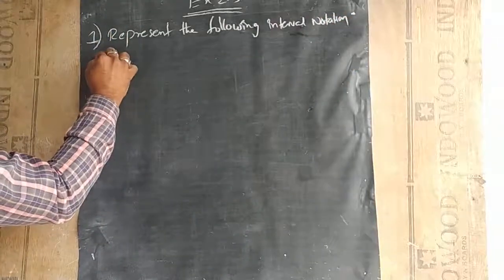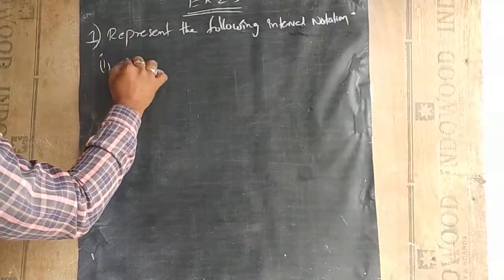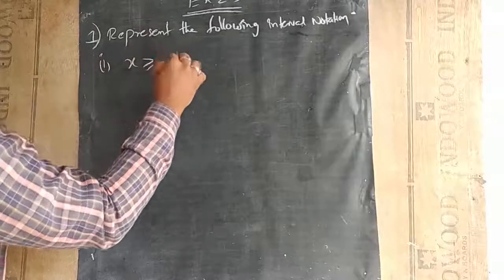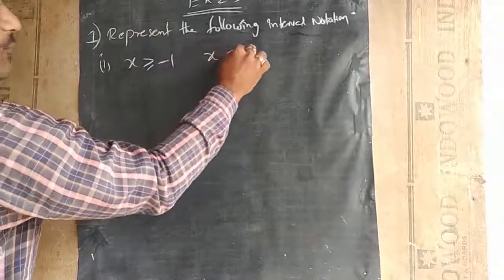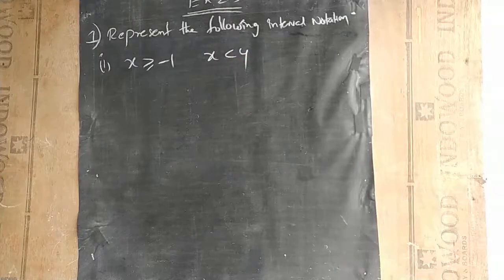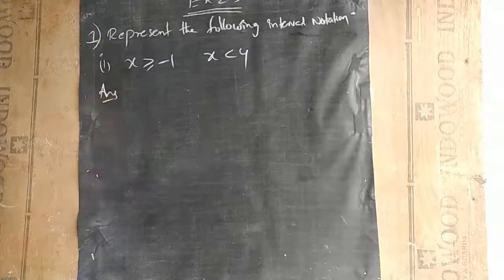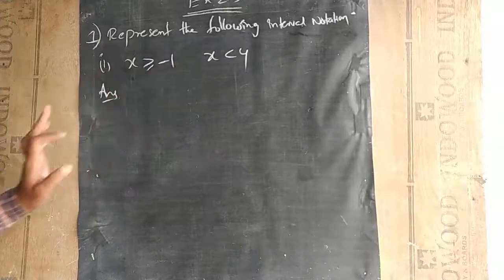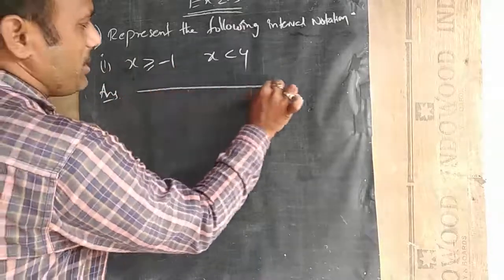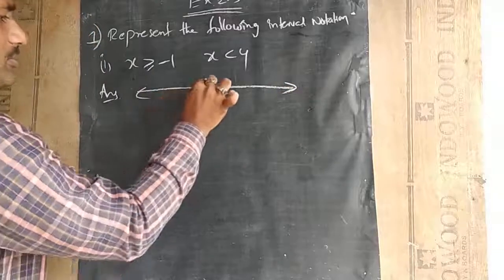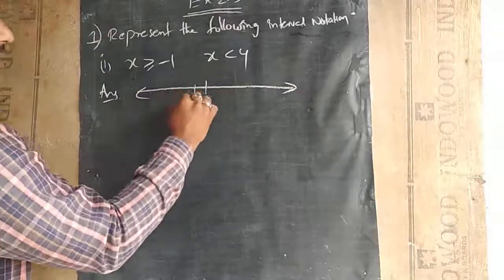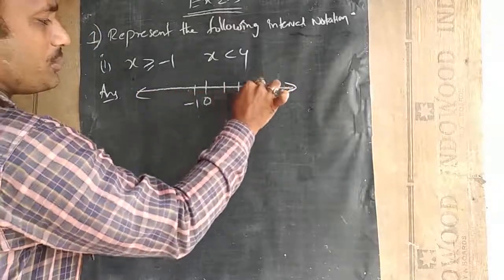So the first question, x greater than or equal to -1, x less than 4. X greater than or equal to -1. Let us represent this first on the number line. So here it is minus 1, 1, 2, 3, 4, here it is 4.